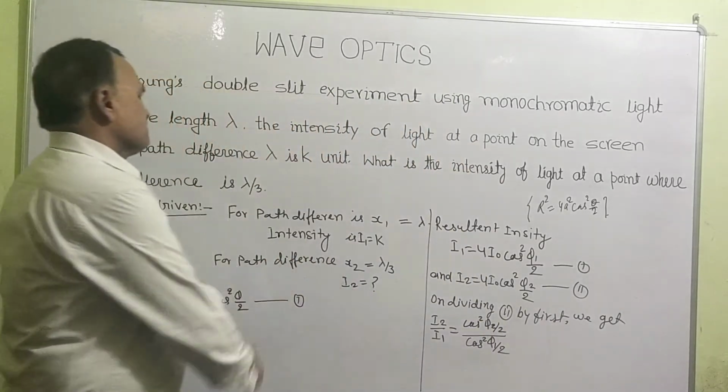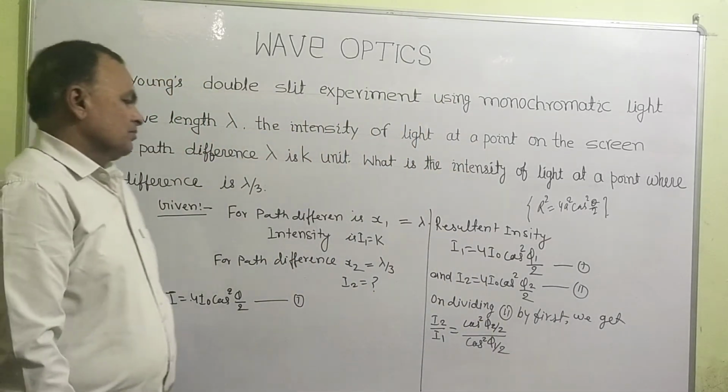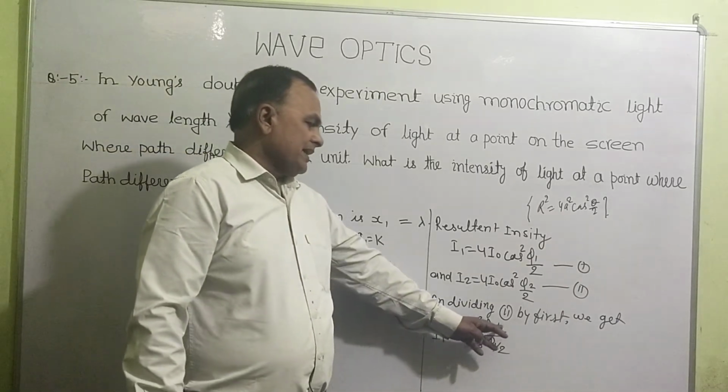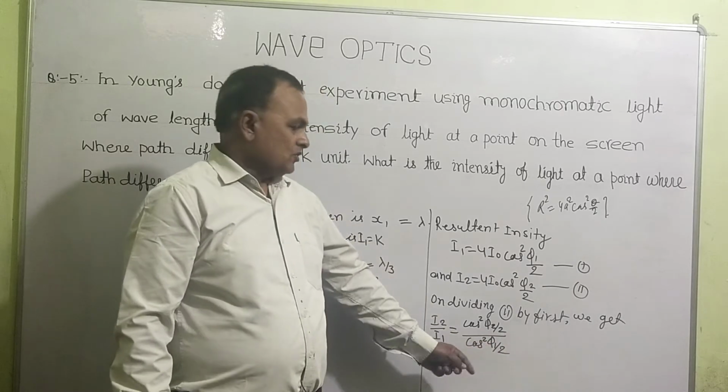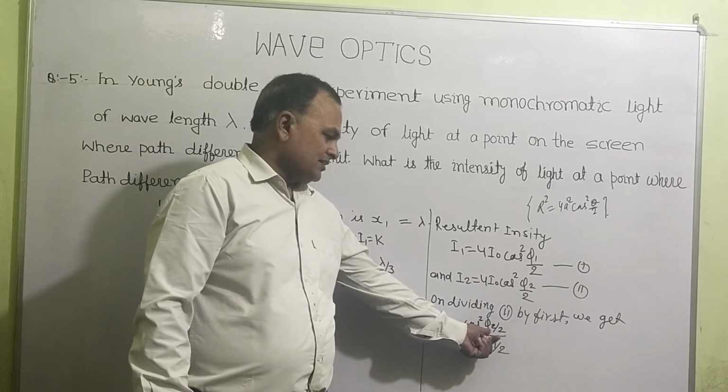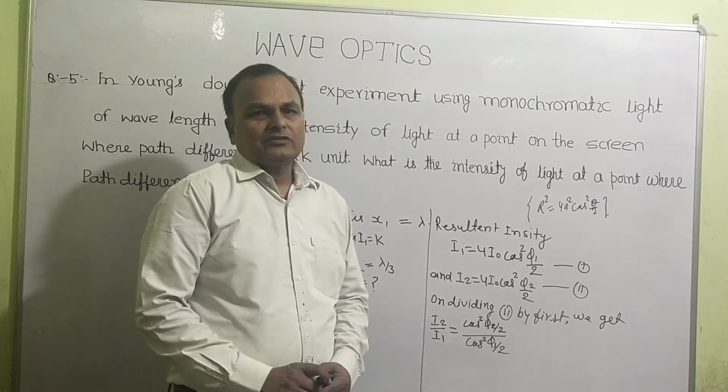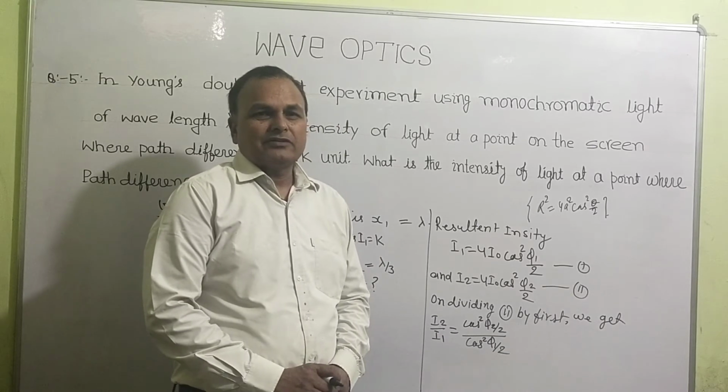This is equation three. Now we have to establish the relation for phi 1 and phi 2. What will be the values of phi 1 and phi 2?